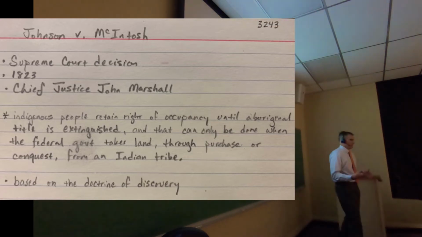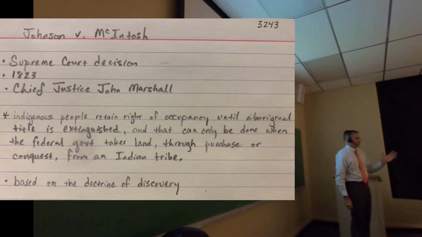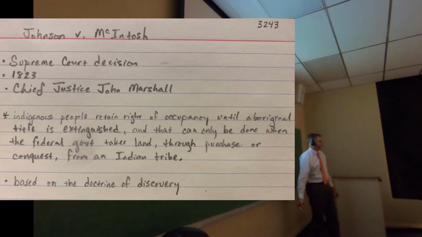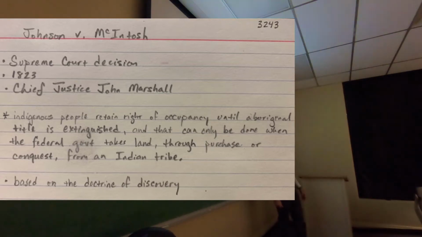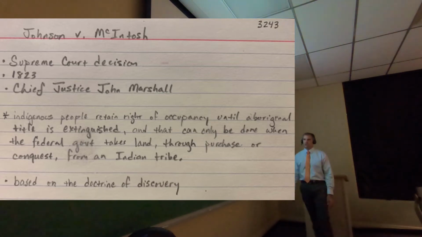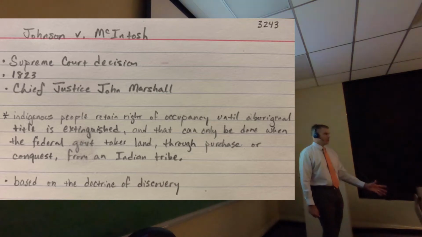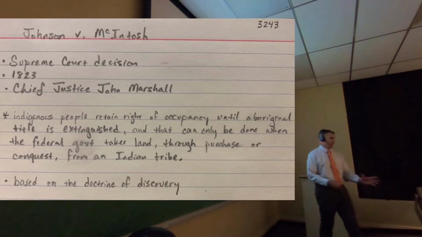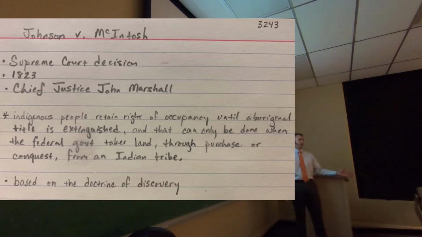This was a big problem back in the colonial days because the British Crown would house soldiers at people's homes and take crops and livestock if it needed them, and would not compensate anybody. They didn't have any recourse. So this was certainly within our Constitution: the federal government can't just take. If it has to take, it has to have just cause, a good reason, and it has to compensate you in a fair way.